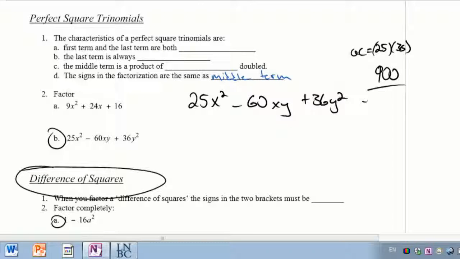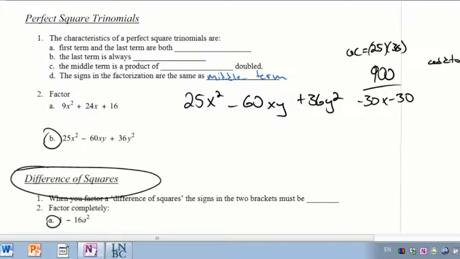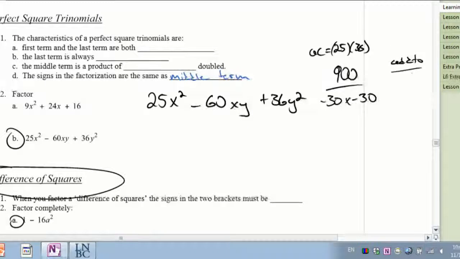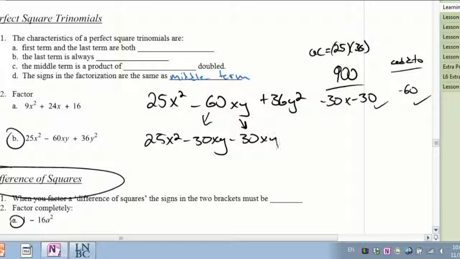So negative 30 times negative 30, and that adds to negative 60. So that's good. I can break down the middle term, decomposition like I normally would, and do this question like any other question. So 25x squared minus 30xy minus 30xy plus 36y squared.